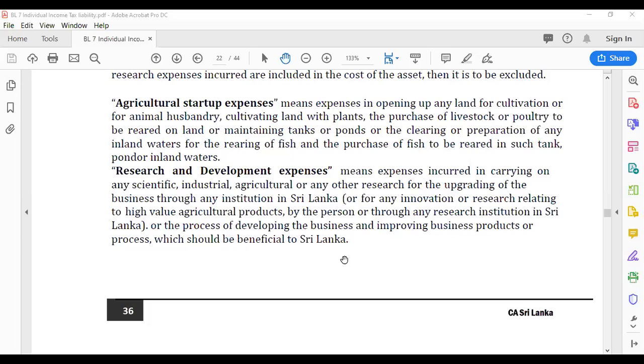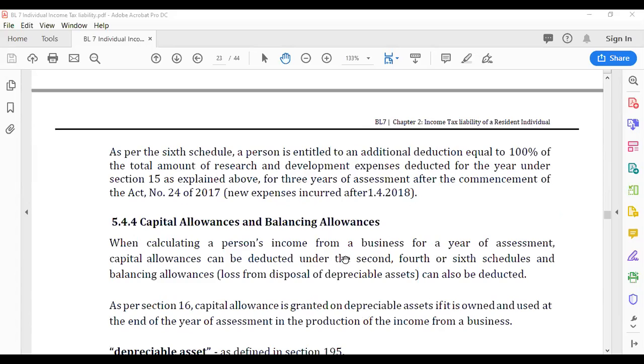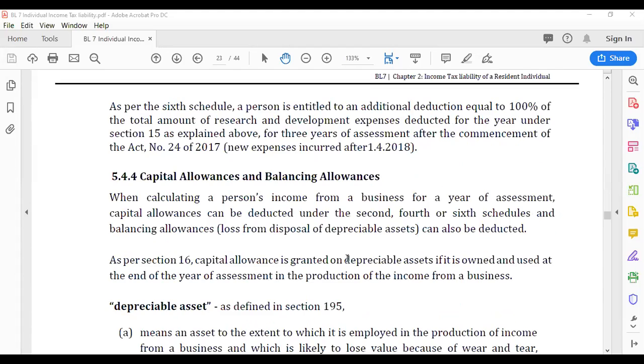In simple terms, research and development expenses mean the amount of expenditure you have spent to introduce a new product, or to develop a new product, or to improve an existing process. The amount of expenditure to introduce the next version of the product or process.